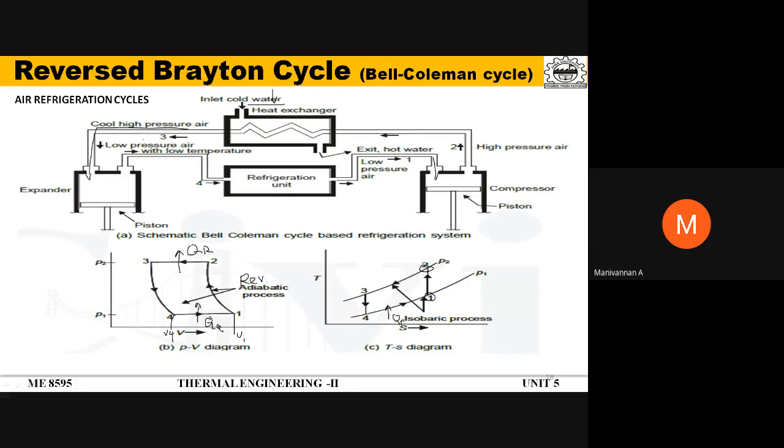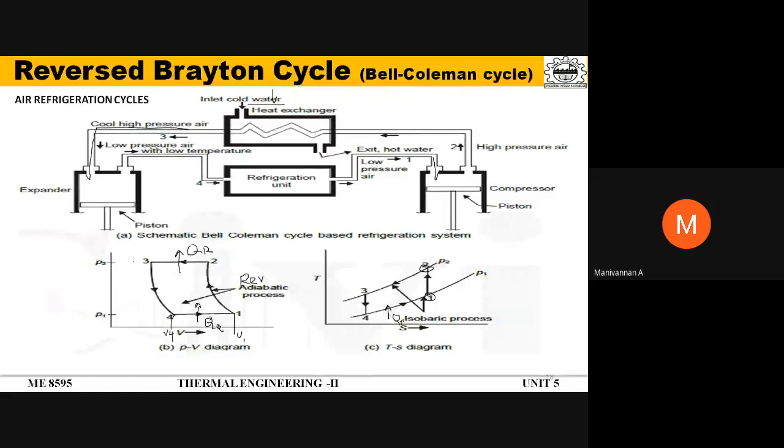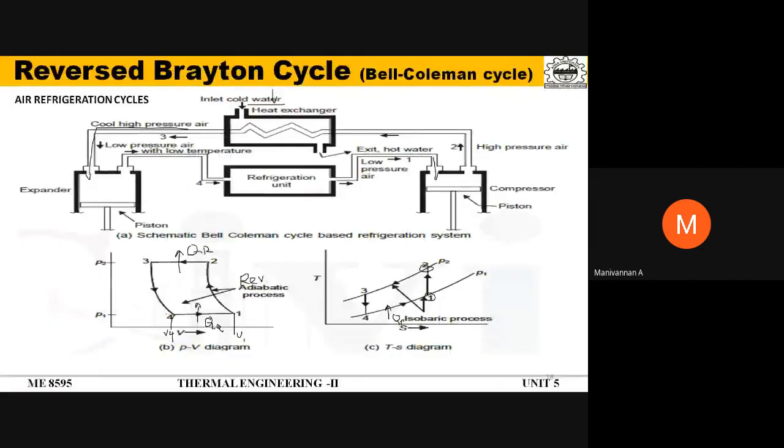High pressure air becomes low pressure air. Because of the expansion, my pressure is decreased from P2 to inlet pressure P1, so the temperature and pressure of the air are both reduced.